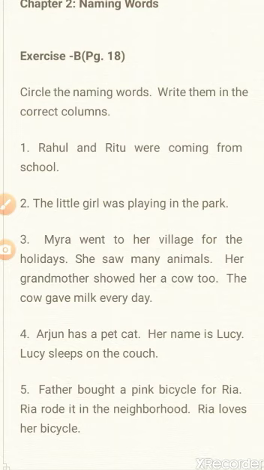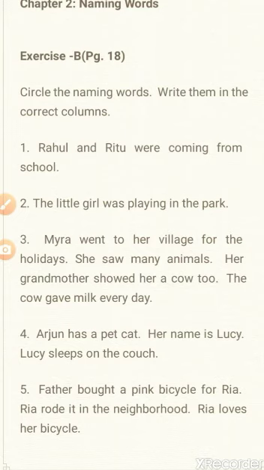Now let's look at the next sentence of this question. "The cow gave milk every day." Here, cow is a name of an animal, as we just saw. So circle the word cow. You don't have to write it again because it's already written there. We know that cow is a naming word. Now we have gave.